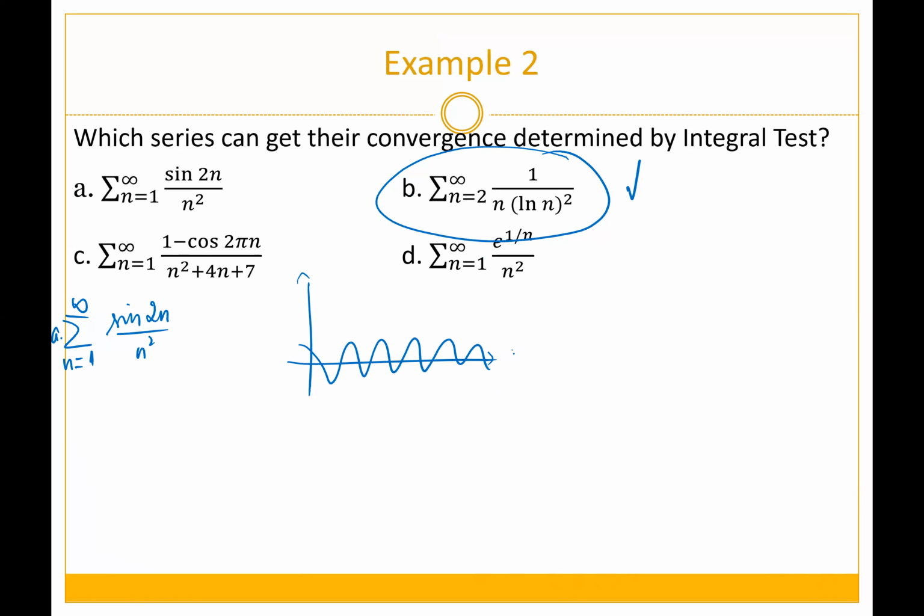So one value is positive, one value is negative, so this is the x-axis. And then it's just going to get smaller and smaller, but still it doesn't have the general trend of decreasing. So it's just going up and down. So for this one, the answer is no, because it is not a decreasing function.